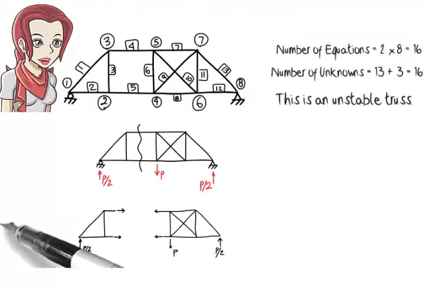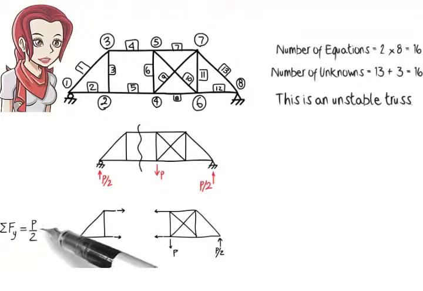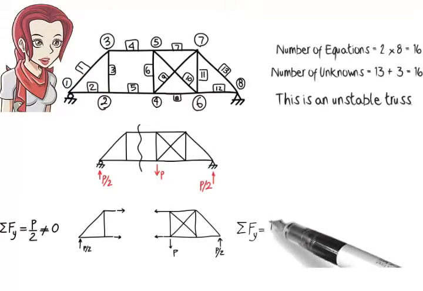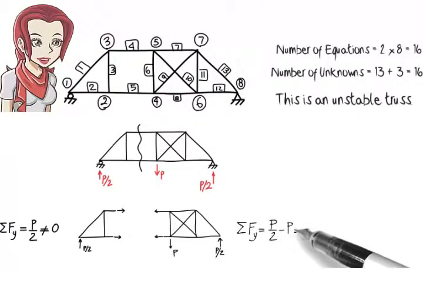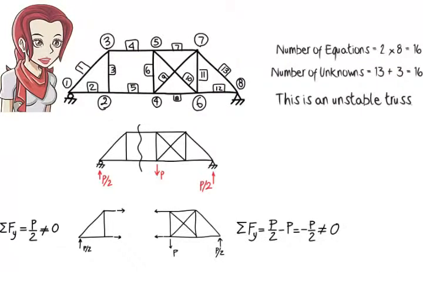For the left segment, we have sum of the forces in the y direction equals P over 2. For the right segment, we have sum of the forces in the y direction equals P over 2 minus P, or negative P over 2. Since P is not 0, the segments are not in equilibrium. This means the structure is unstable.